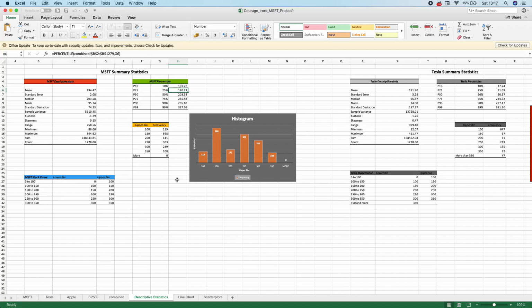And then we check the frequency, using the histogram chart, to see the frequency of various data points or stock values in the distribution.